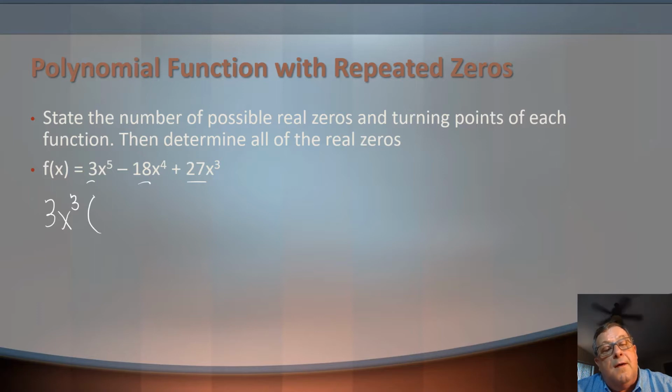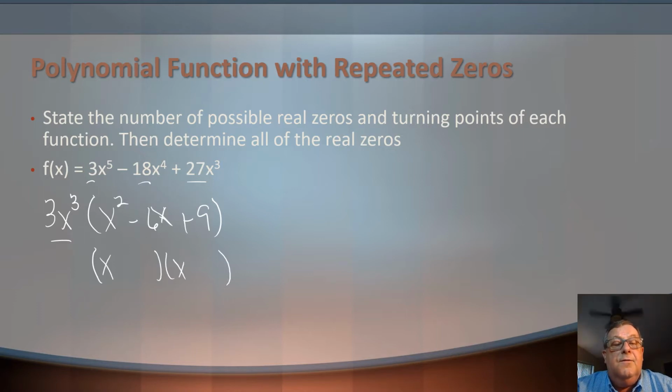Once we do, we would have x squared. Let's see, take negative 18x to the fourth divided by 3x cubed. Well, that's going to be negative 6x. And 27x cubed divided by 3x cubed is going to be positive 9. All right, so I got one factor over here. Let's go for these other two. I'm going to draw two parentheses. I got a single x squared, so I'm going to put x and x.